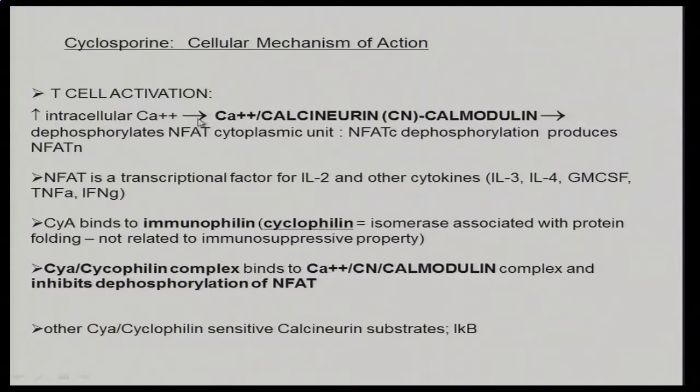That then, once it's dephosphorylated, moves to the nucleus as a transcriptional activator of cytokines. Cyclosporin gets into the cell, binds cyclophilin, and inhibits this complex. And that's how it works.